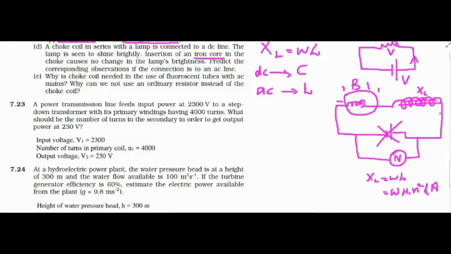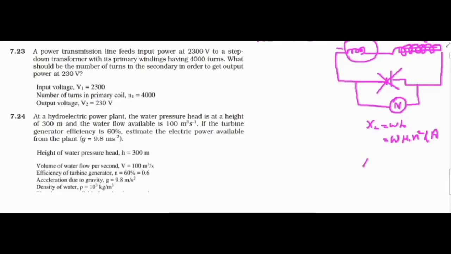In such a situation, an iron rod is inserted here. When iron rod is inserted, what happens to the new reactance? XL dash is equal to omega into mu r mu naught n square L A. Inductance is increased by mu r times. Value of mu r for iron is around 1000. So inductive reactance is increased by 1000-fold.